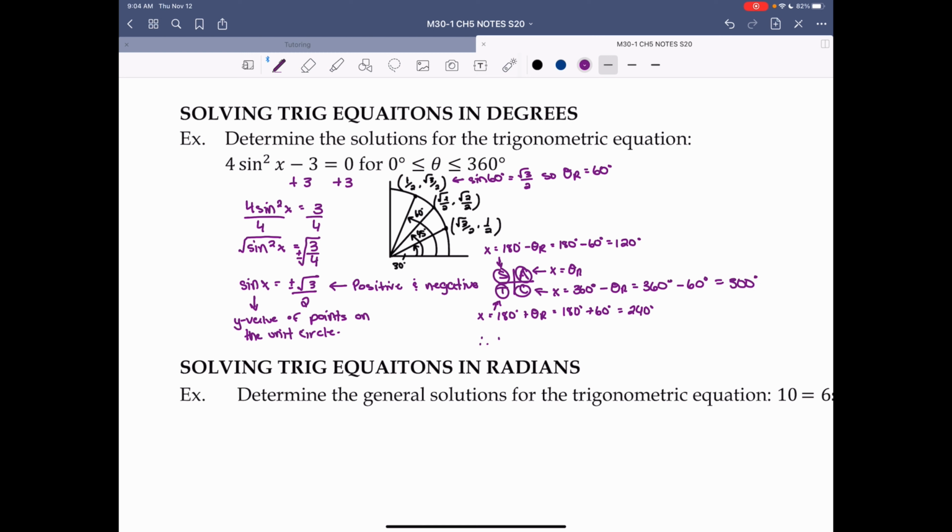Therefore, our four solutions for x greater than or equal to 0 degrees and less than or equal to 360 degrees are 60 degrees in quadrant 1, 120 degrees in quadrant 2, 240 degrees in quadrant 3, and 300 degrees in quadrant 4.